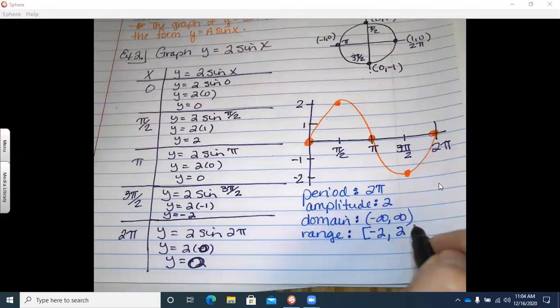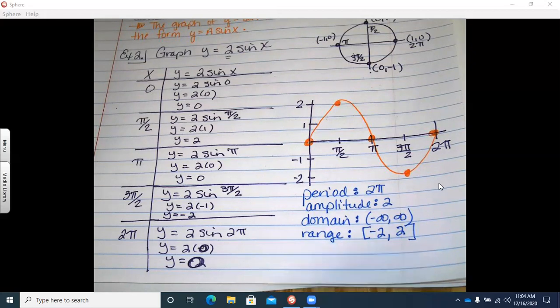And we don't know this yet. We're going to write the definition on the next page. But if the absolute value of a is greater than 1, which a was the number being multiplied up here, the 2, we say that we have a vertical stretch by a factor of the absolute value of a, okay? So we'll write the definitions on the next page. But we're going to say this is a vertical stretch. So it's a stretch compared to what the parent function was, okay?